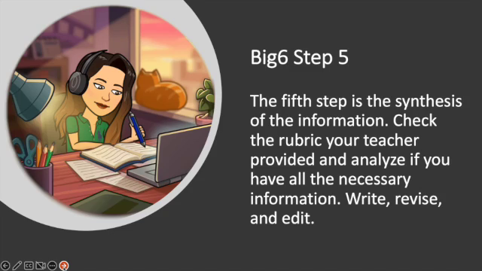Then we have step 5. In this step, we're going to summarize the information that we have. You're going to look at your rubric that the teacher provided and see if you have all the requirements, all the information that you need to cover. You also need to start writing, revising, and editing the information.